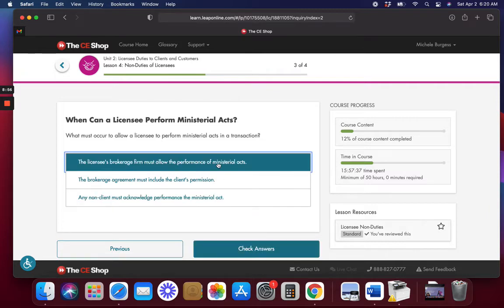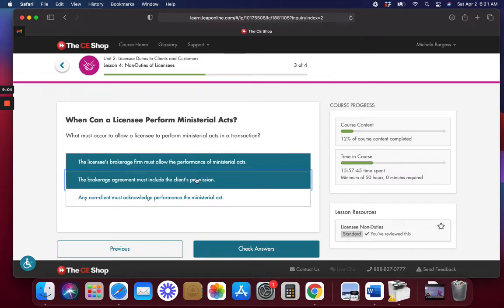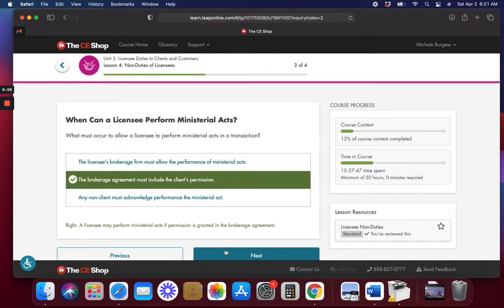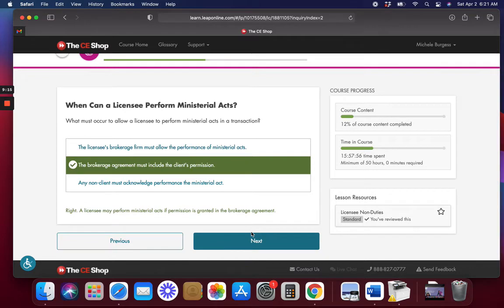Okay, a licensee can perform acts if permission is granted in the broker's agreement. When you sign up for a brokerage to work for them, they will put that in there. And usually they will let you do that because you might get potential clients from that.